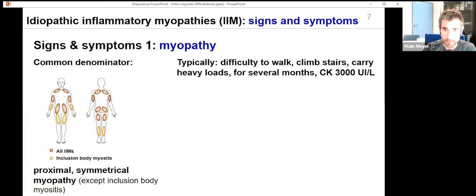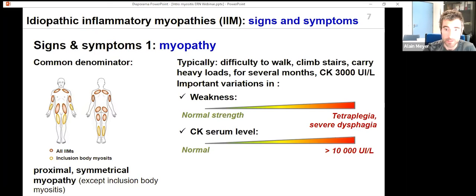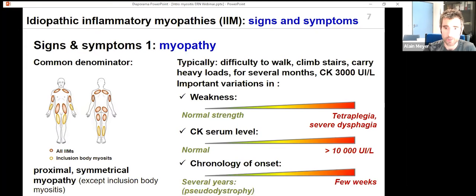Their CK levels are about 3,000 units per liter, but there may be important variation in the severity of the weakness, ranging from normal strength to tetraplegia and or severe dysphagia, important variation in the CK level, ranging from normal values to more than 10,000 units per liter, and important variation in the chronology of the onset of the myopathy, ranging from several years, mimicking muscle dystrophy, to a few weeks.